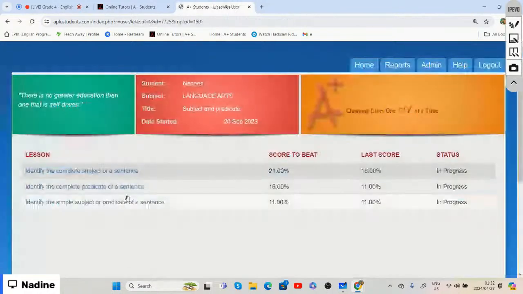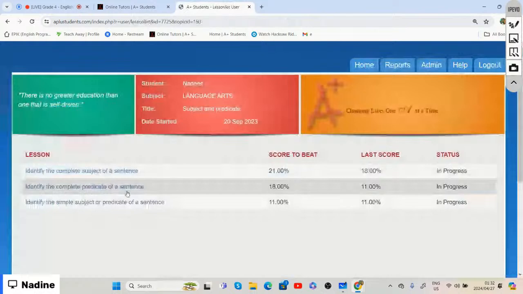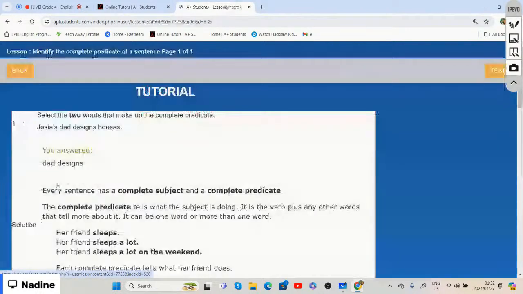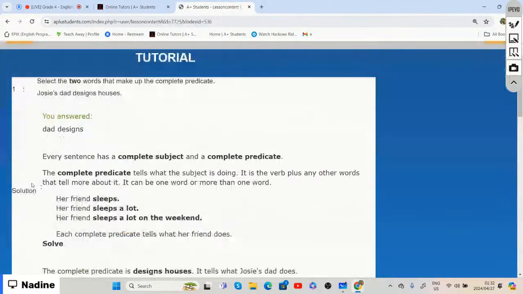All right, so now we're going to identify a complete predicate of a subject. And we said when it comes to a complete predicate, once again, every sentence has a complete subject and a complete predicate.